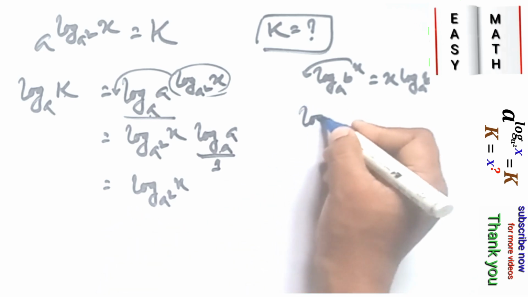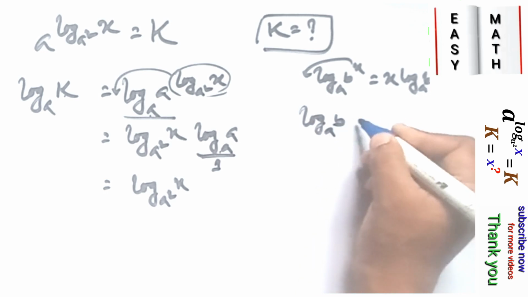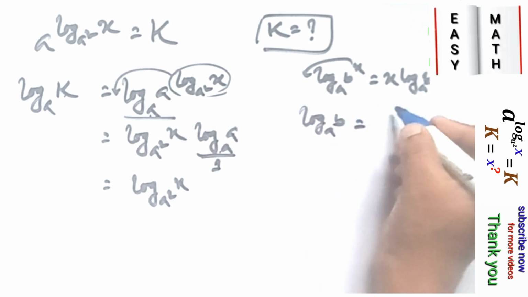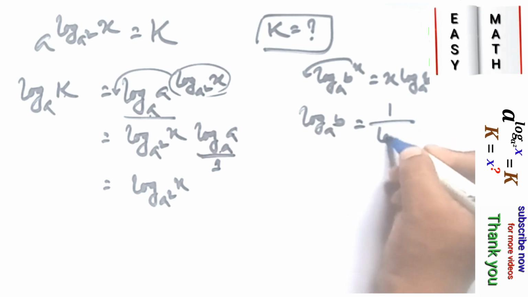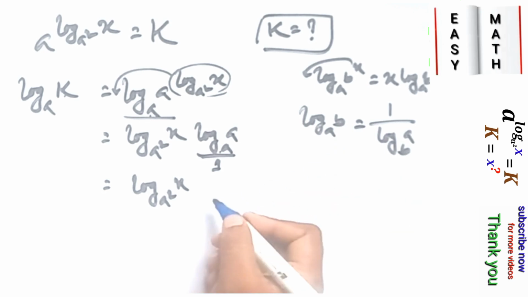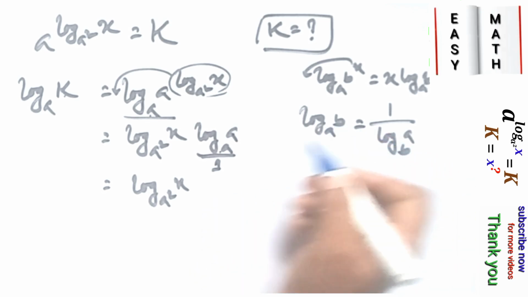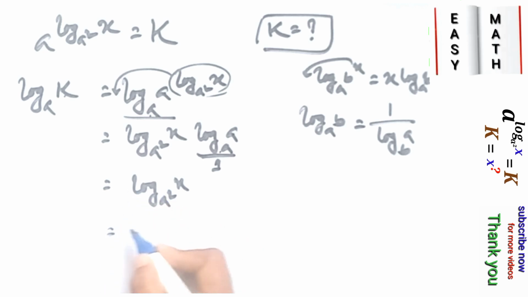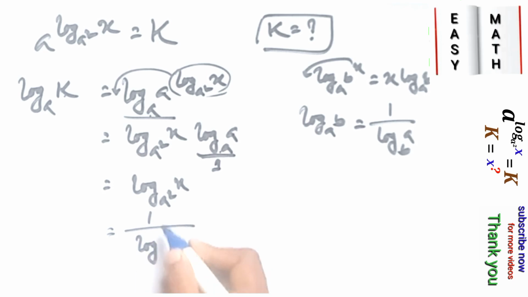again we know the log a base b is equal to the 1 by log b base a, so there we can write the log, so 1 by, this is the log x, and this base is above, you can write.